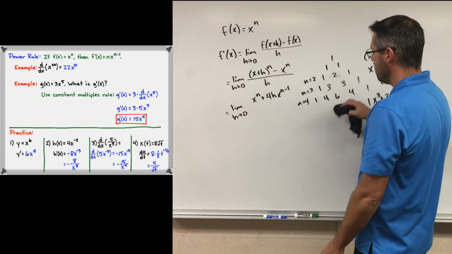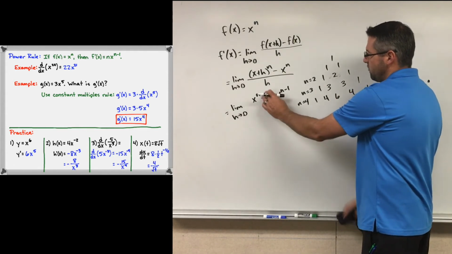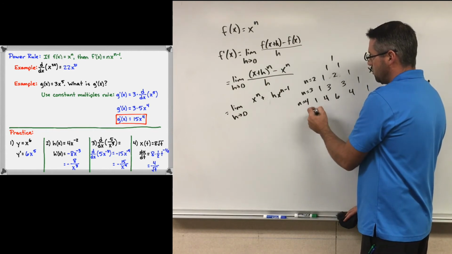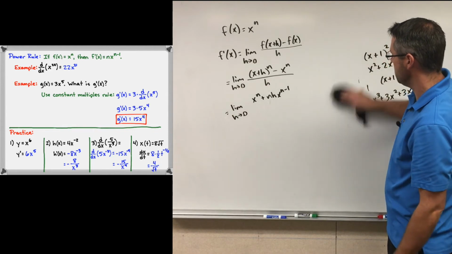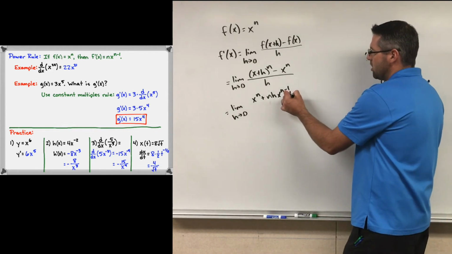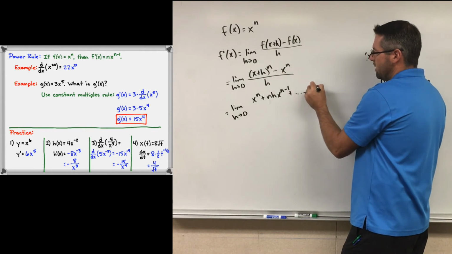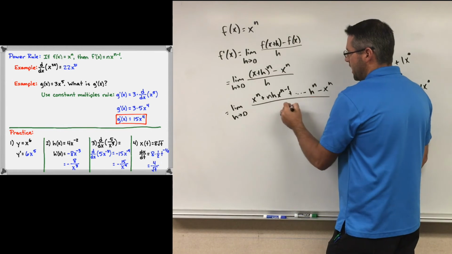And then we can keep going with that, and it's not necessarily 4, I misspoke, that's if n is 4. It depends on what n is. If n is 4, the next one would be 5, this would be the n value, and the coefficient there. And then that can keep going, and at the end, we would end up with h to the n here, and then minus x to the n all over h.